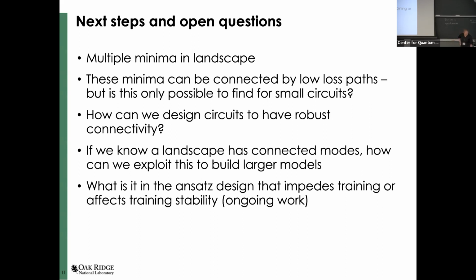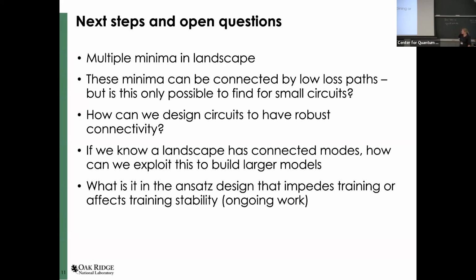But again, this gets to the motivation slide that I cut out of here. If we know that mode connectivity exists, how can we use it? How can we further exploit this? One thing we can do is that, well, each mode corresponds to a different set of parameters which have good performance on our particular training problem. So if we can easily find multiple modes in our landscape, we can easily generate multiple copies of different trained versions of our model, which have comparable performance on our training data.